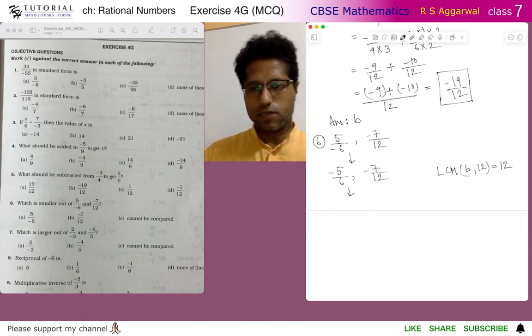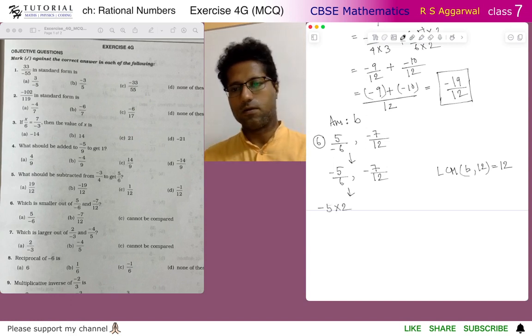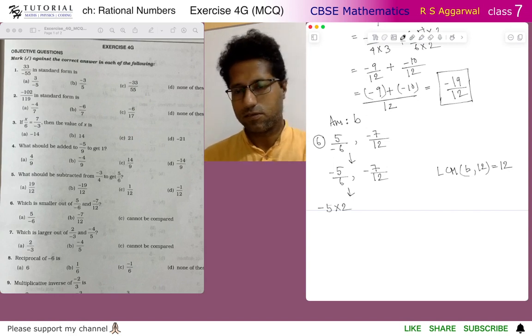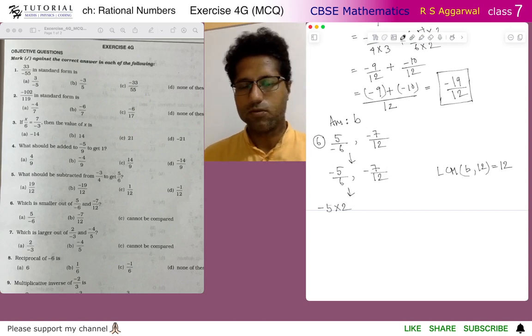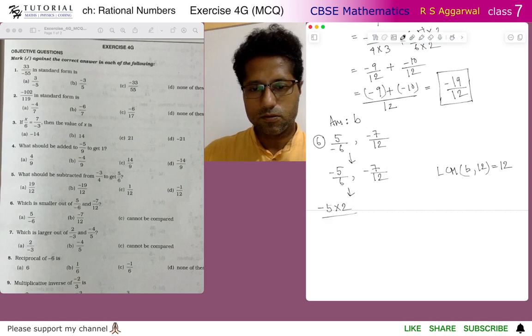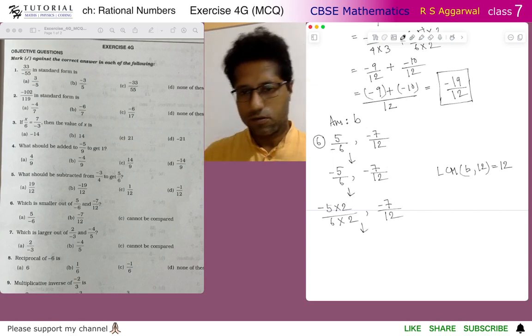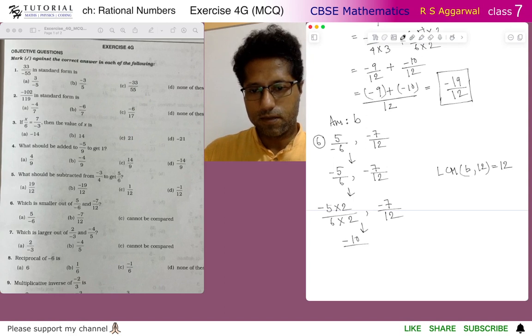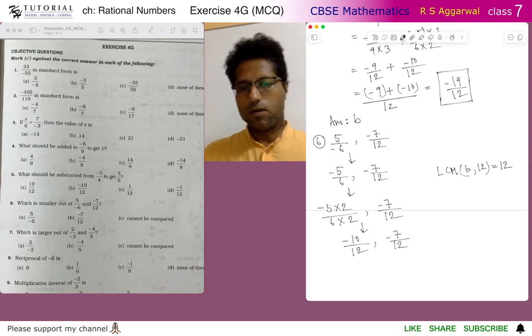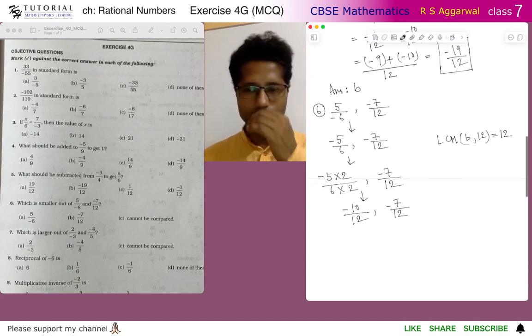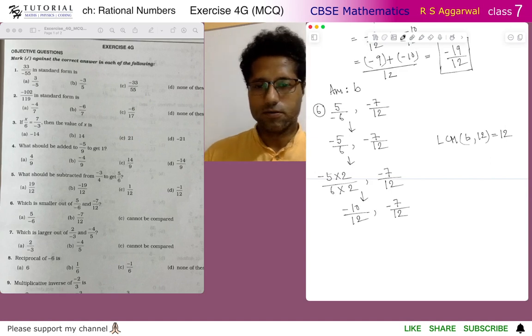So these two rational numbers now become minus 5. To convert, we have to convert the rational number minus 5 by 6 to its equivalent form so that it has a denominator of 12. So we have to multiply both the numerator and the denominator by 2. The other one remains the same. So this is minus 10 by 12 and minus 7 by 12. Now both have the same denominator of 12. We now just compare the numerators.